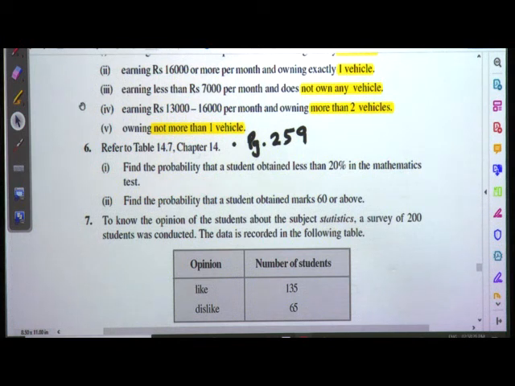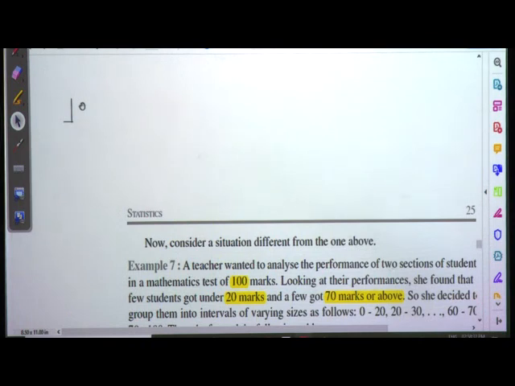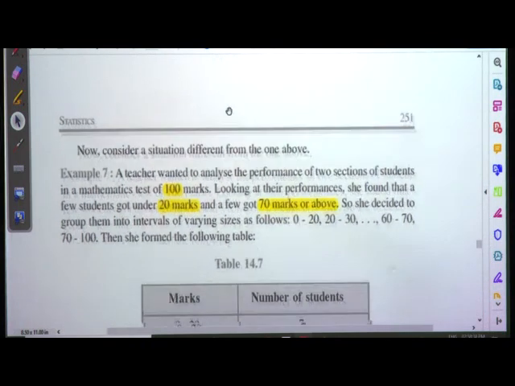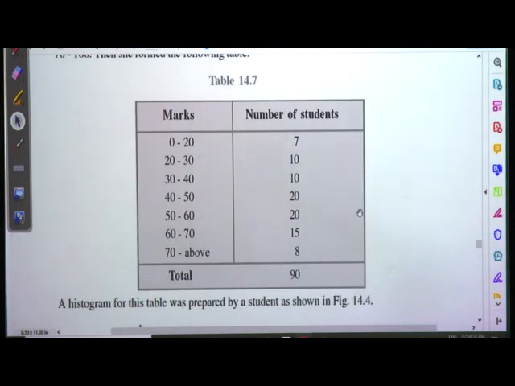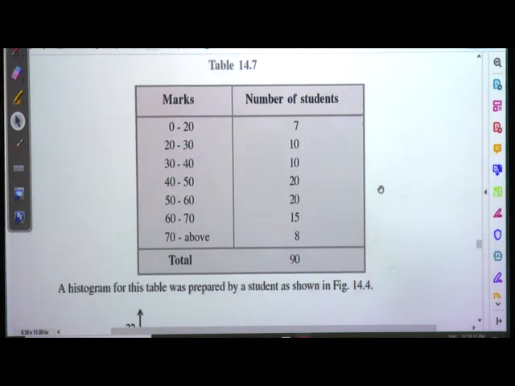What does it say? Less than 20%. We shall again go to that page and try to confirm the things where percent is present. Here is the table that we just studied. Less than 20%.